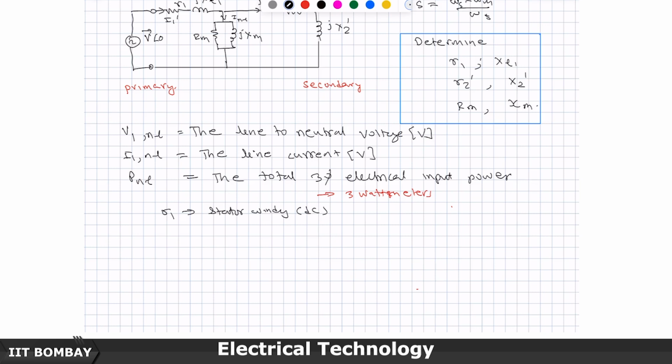So, here we will first measure the DC resistance separately. We should measure the stator DC resistance at around the operating temperature of the stator, because if you really want to do accurate parameter estimation, resistance is always a function of temperature.